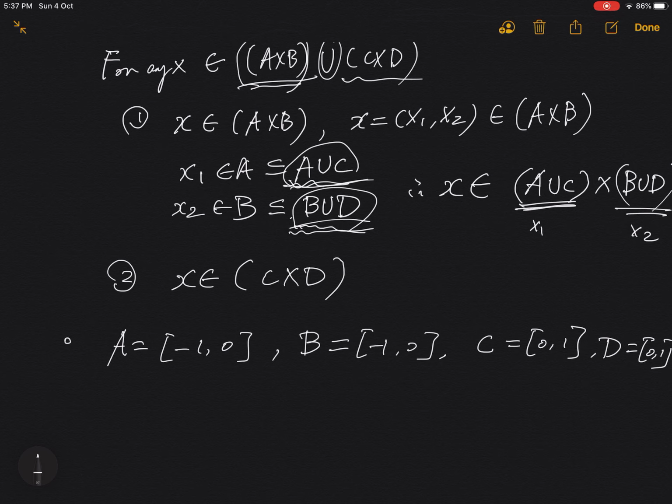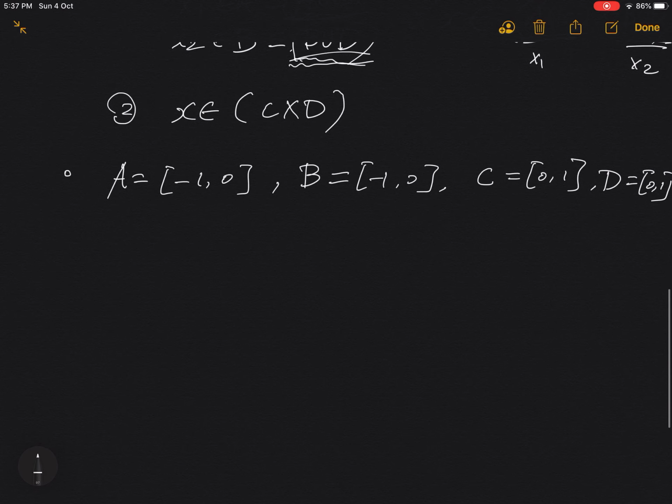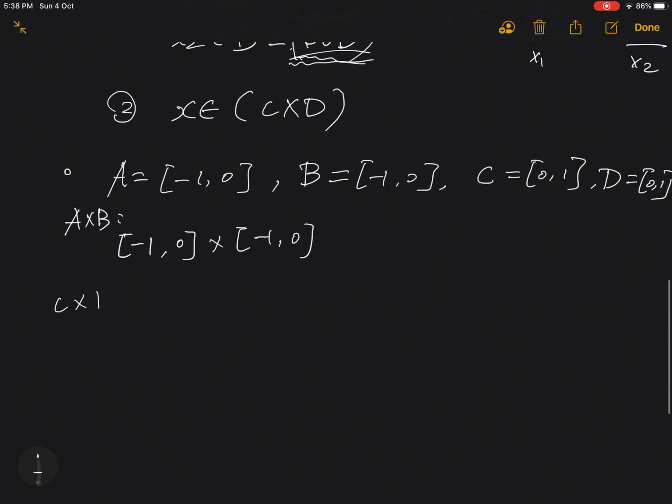For all sets being intervals, we can just check A times B, the Cartesian product of A and B, okay? It's this, right? And then we have C and D.